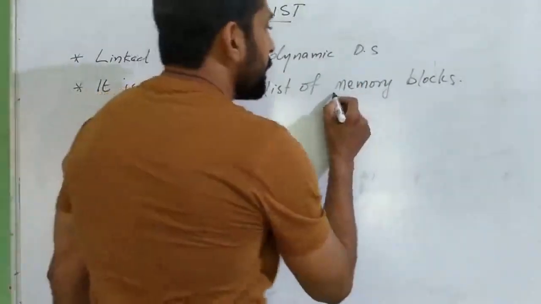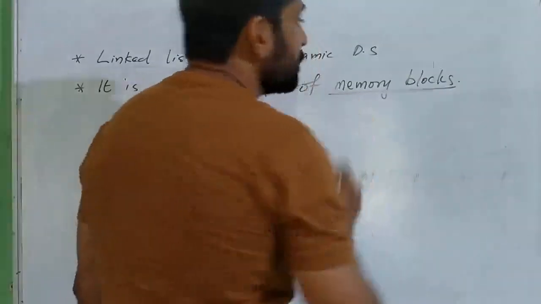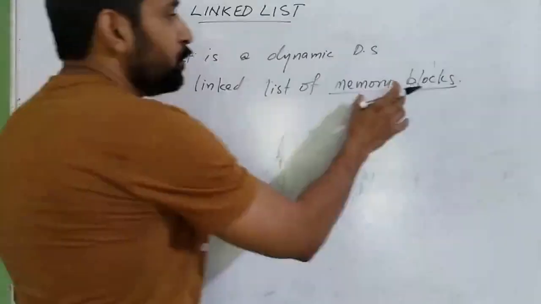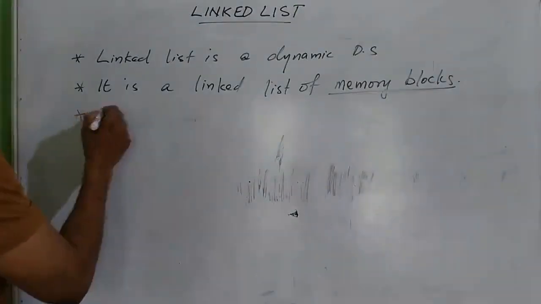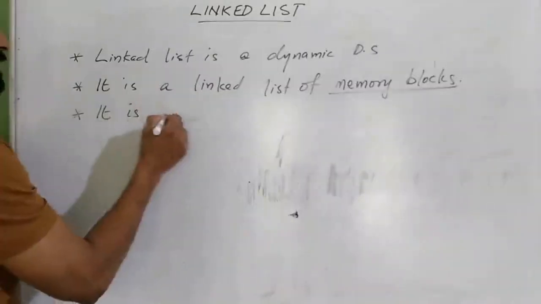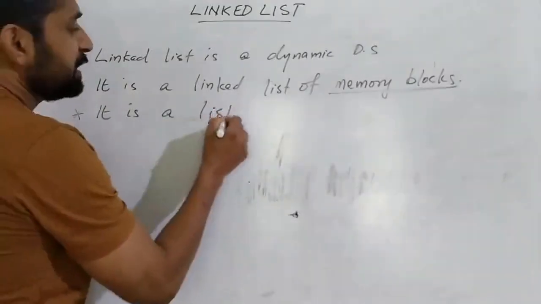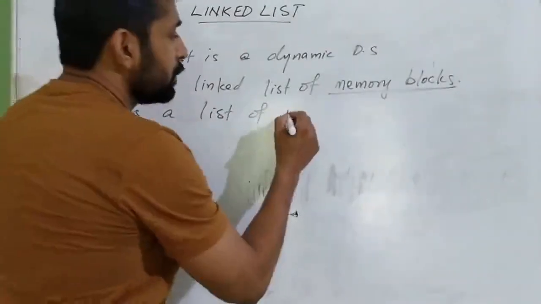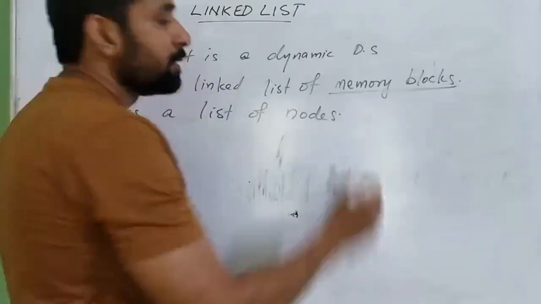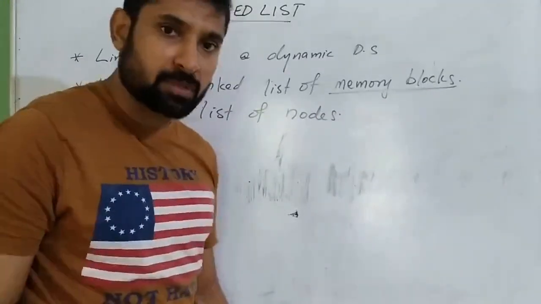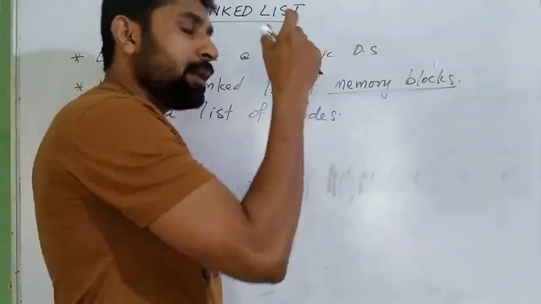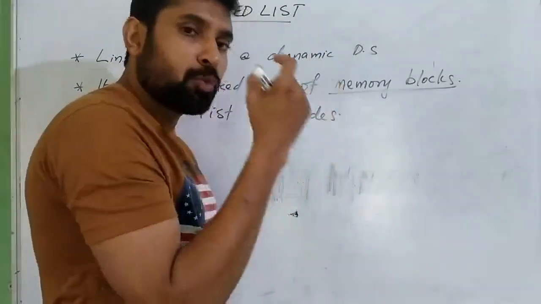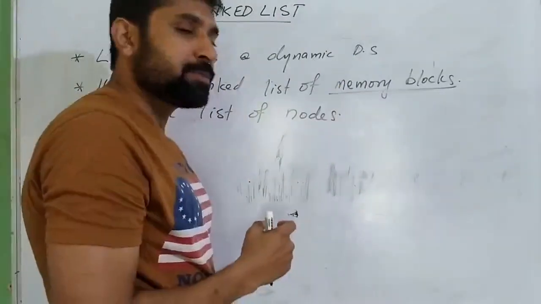We call this memory block a node. It is a list of nodes, equal sized memory blocks that consume an equal number of bytes.